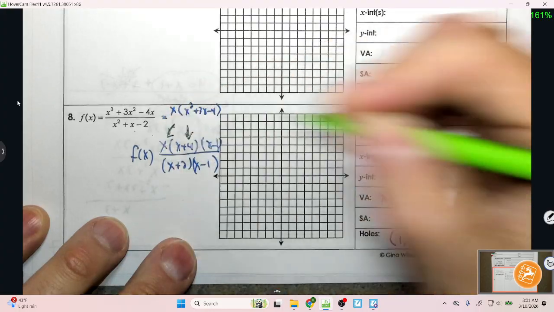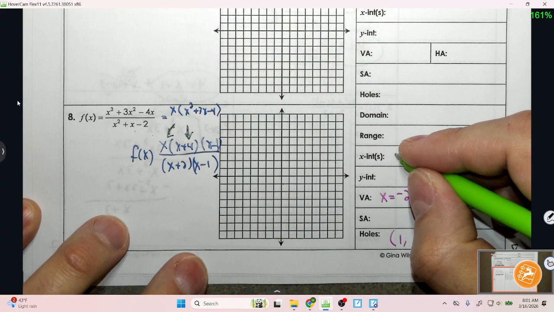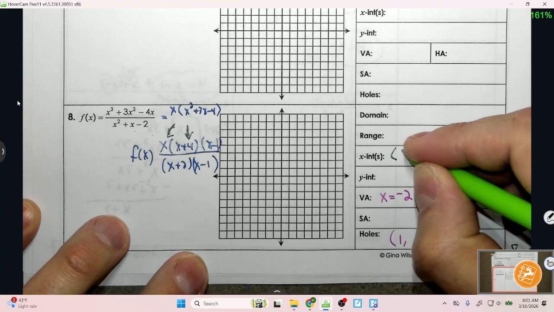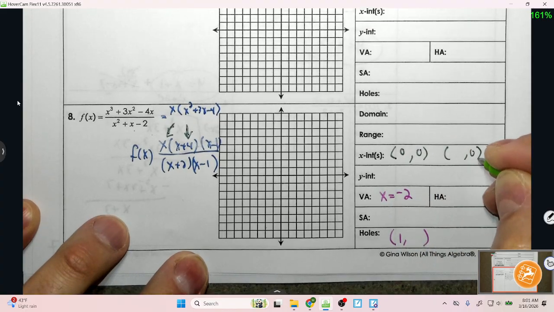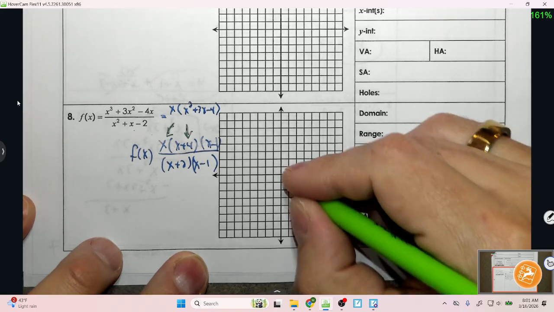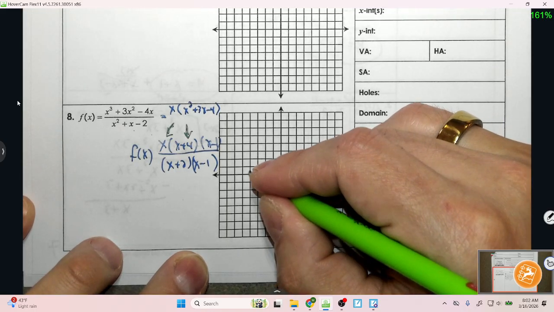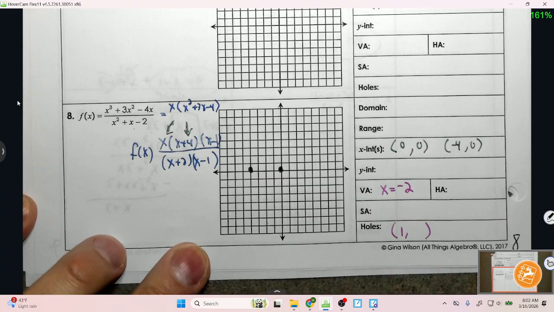So this is where the numerator is 0. So I have an x-intercept at 0, 0, and -4, 0. These are my x-intercepts. I might just plot those. 0, 0, -4, 0. Okay. I might draw in my vertical asymptote.